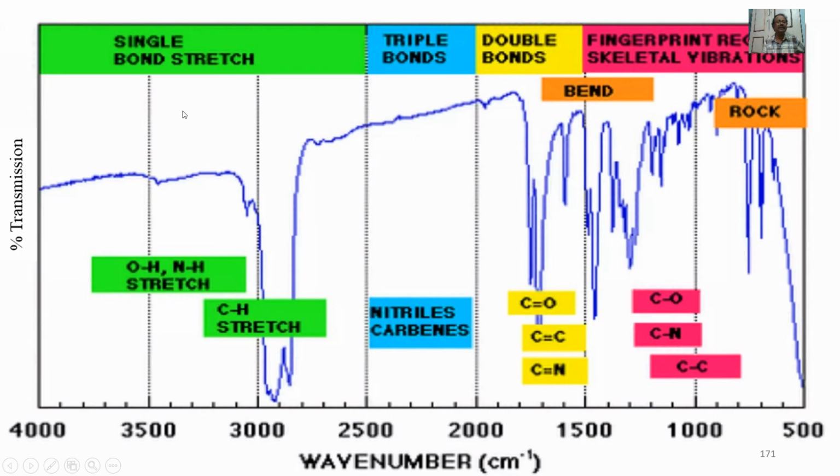These are single bond structures. Then there is the C-H structure, which lies around 3000, one to the left and another to the right, sp2 and sp3. Next is the triple bond region, nitriles and carbonyls. And this one is the double bond region, which is very important: C=O, C=C, C=N. They are all double bonds and bending structures. And this one also goes with the fingerprint.